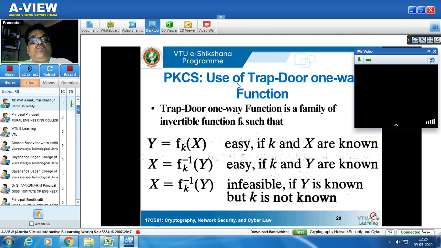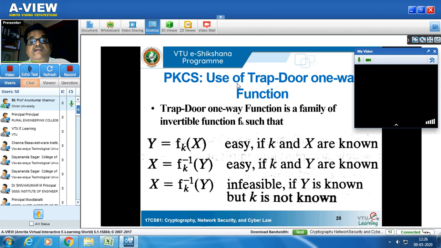The trapdoor one-way function family is a family of invertible functions f_k such that y, which is the function f_k of x, means the function of the key k on x.